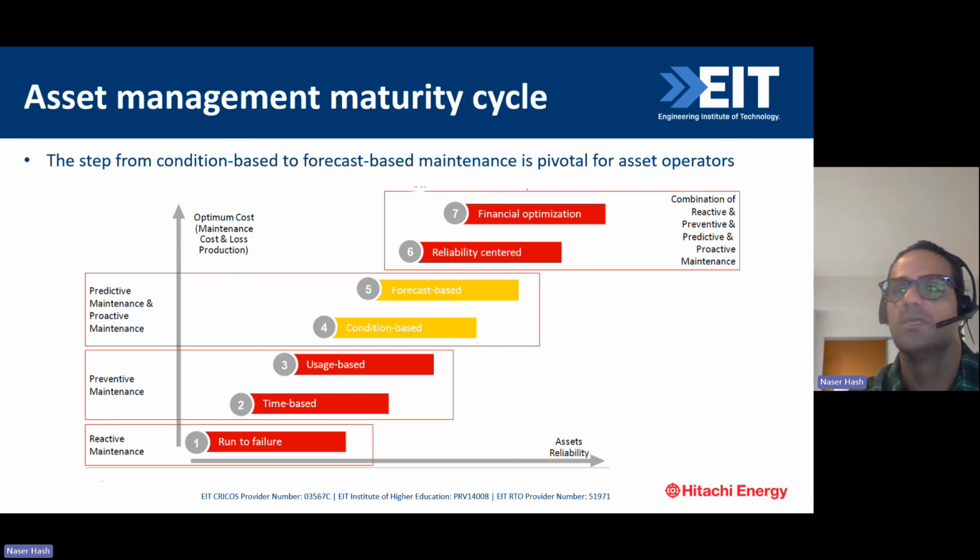But when it comes to the larger area, like transmission and distribution, utilities, power generation, the story is completely different. We can't run the equipment until it fails, because we have assets that are very expensive, like a large turbine, which is $10 million, $20 million, large generators, $50 million, and transformers, circuit breakers, GIS.